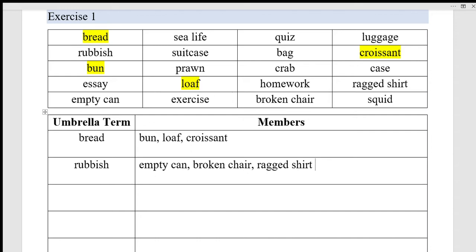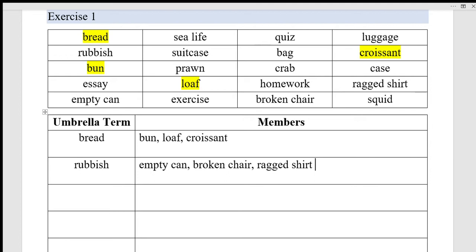Okay, so again, yeah, we cannot say a rubbish because rubbish is uncountable. But we can say an empty can, a broken chair, or a ragged shirt. Why? Because these are countable nouns.